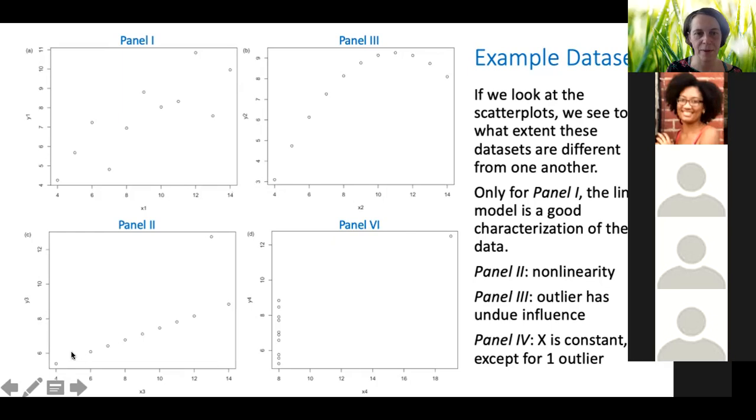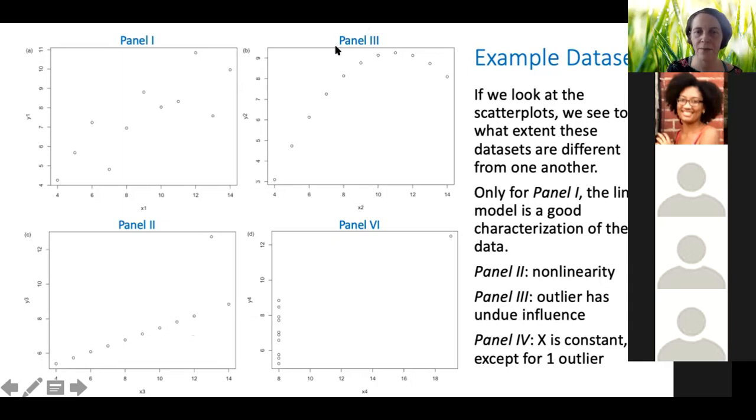Whereas for panel 2, we see something like a perfect linear relationship for all but one value that is an outlier here. All the other points lie on a perfect straight line, and this one outlying value basically destroys this perfect relationship.